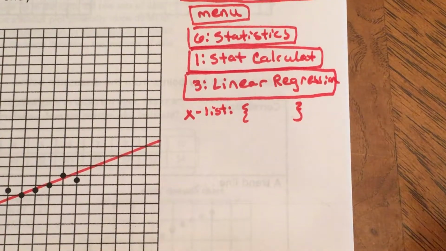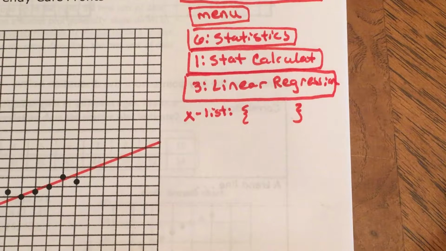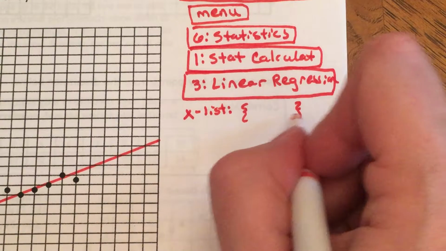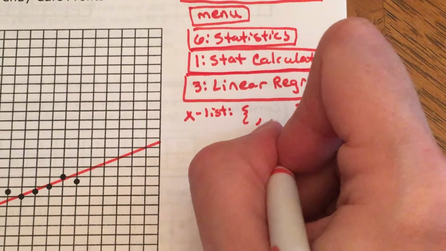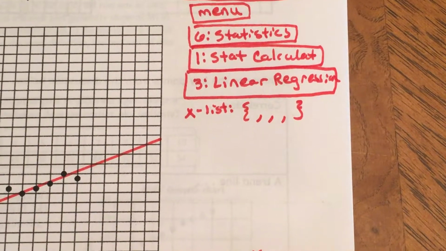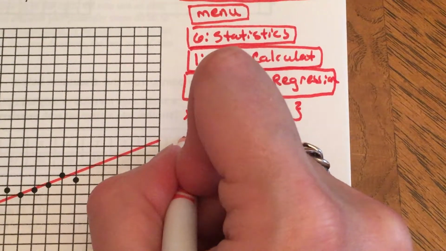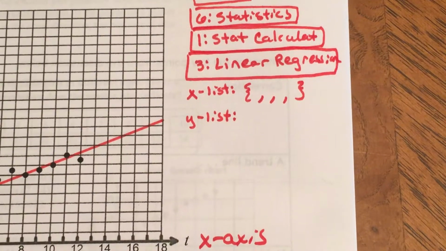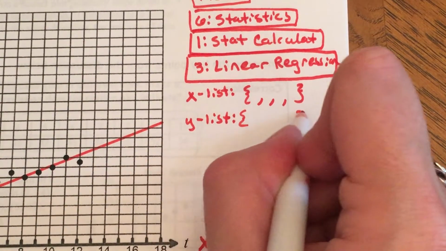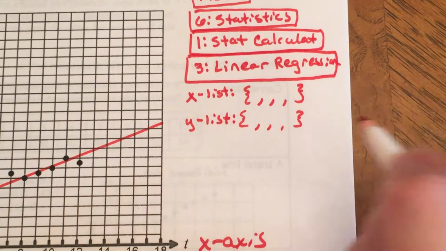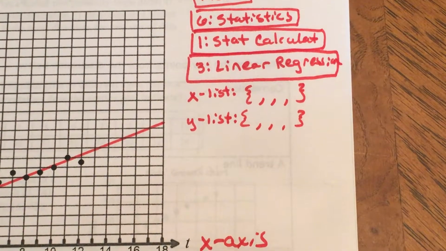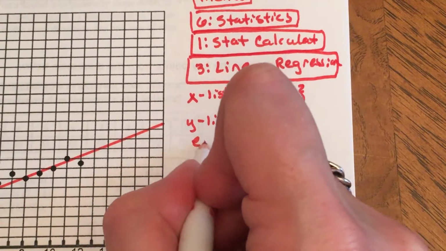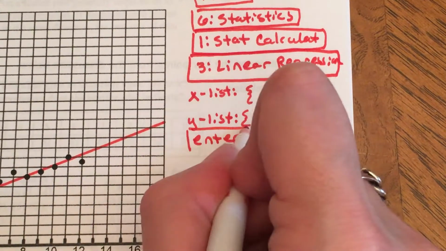And you're going to type in the numbers from your X row of your table into this space, and you're going to put a comma between each number. You're going to arrow down to the Y list. You are again going to put in squiggly wiggly braces with comma in between each number from the Y row of your table. And then you're going to push Enter 2 times.